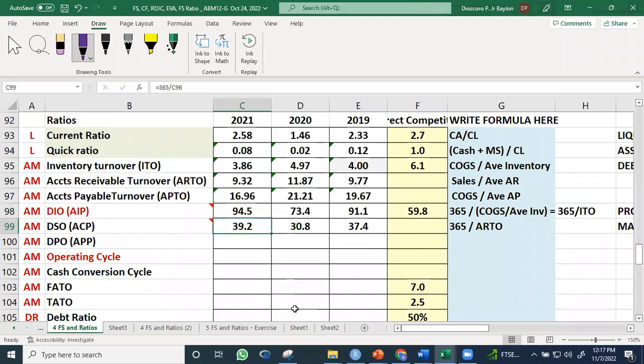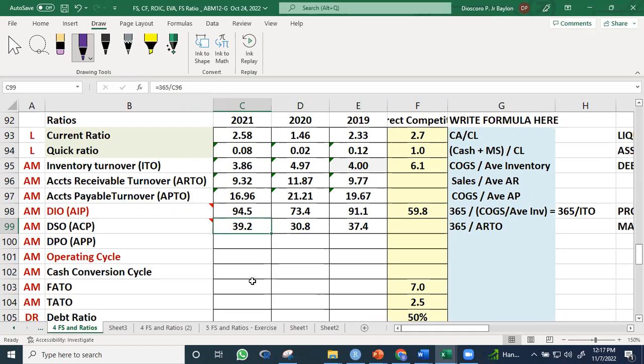39 days. This means, guys, that in 2020, it took the company 30 days to collect. Now it is 39 days. It slowed down. What is happening? Is the collection department remiss in its tasks? Are they not doing their job?